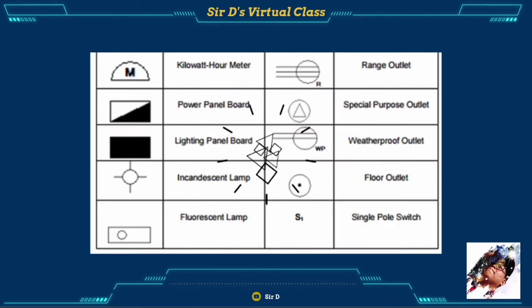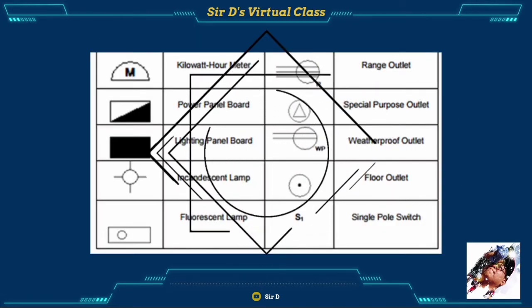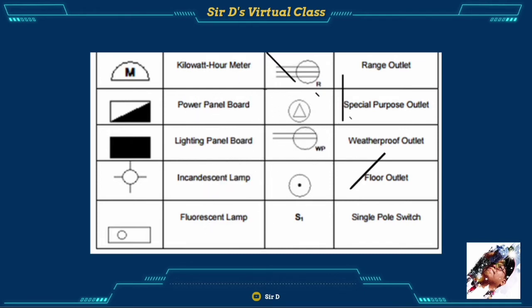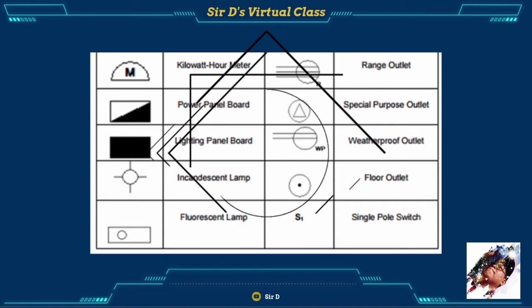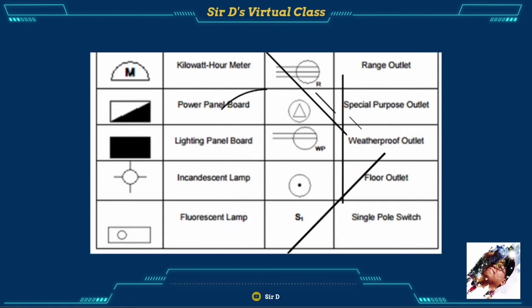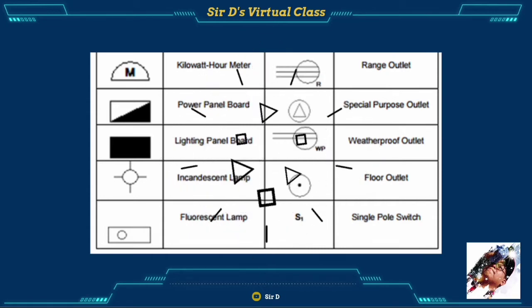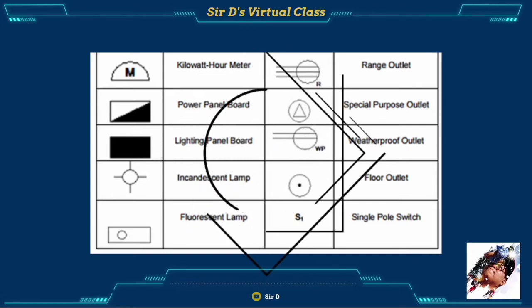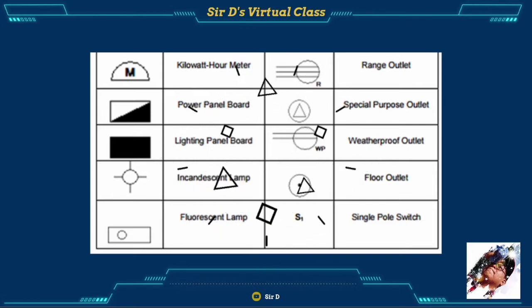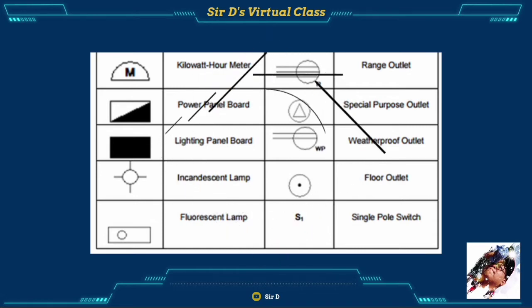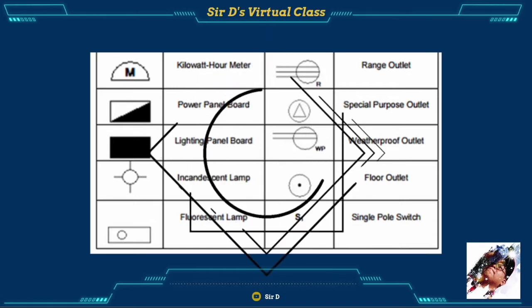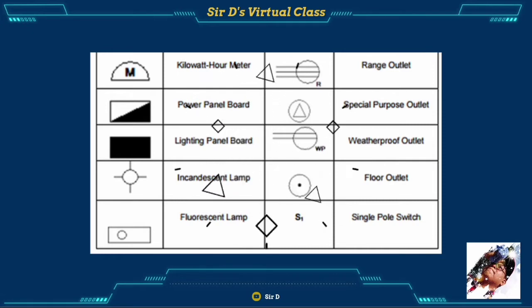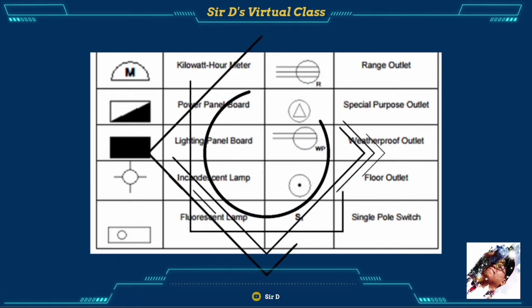We also have a kilowatt-hour meter, common to most households and buildings. Power panel board, the lighting panel board. Incandescent lamp, indispensable in any home or building, as well as the fluorescent lamp, range outlet, special purpose outlet, weatherproof outlet, floor outlet, and then the single pole switch.